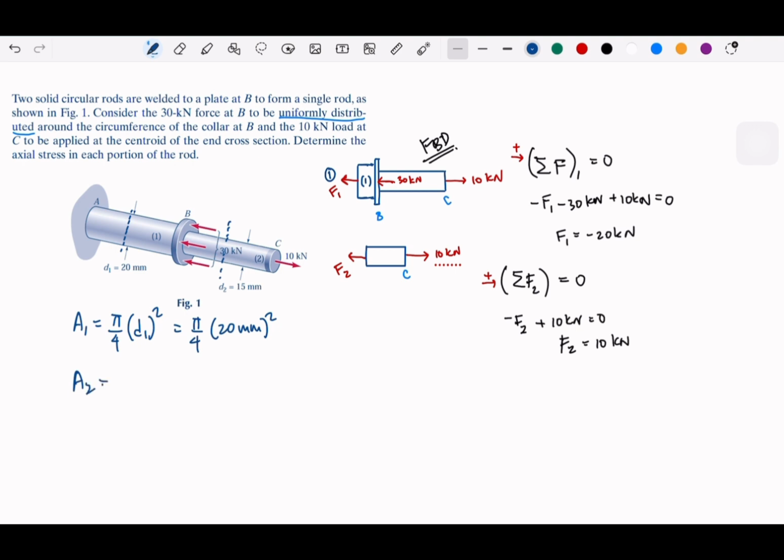And A2 will be pi over 4, 15 millimeters squared. If we compute using pi, I have computed here, it's around this.